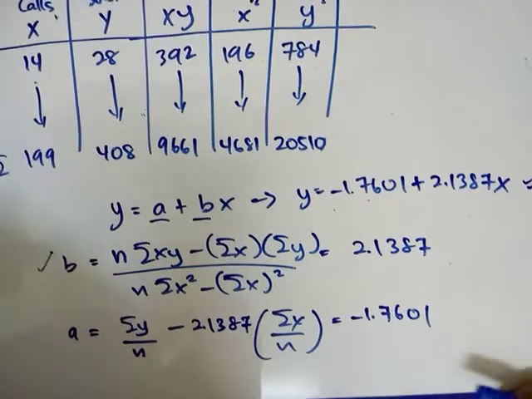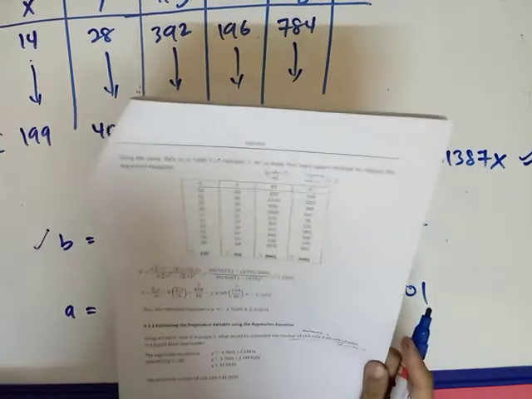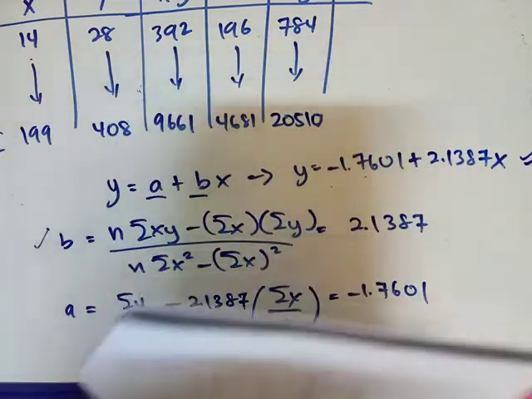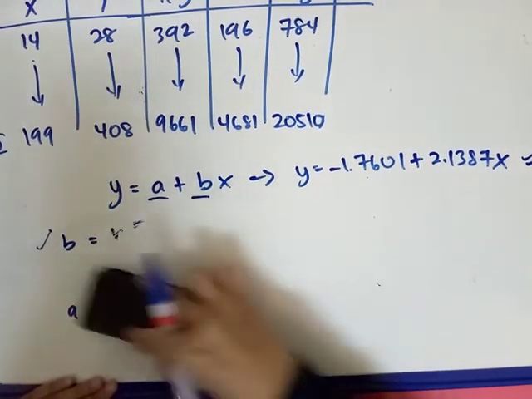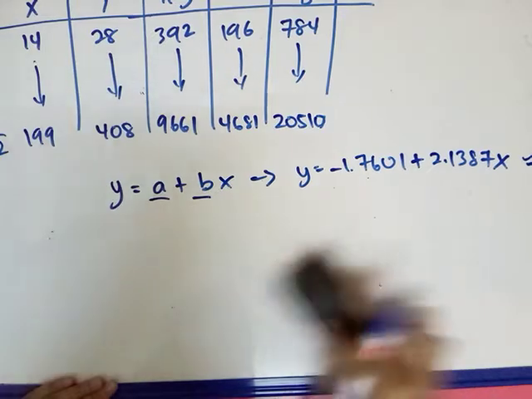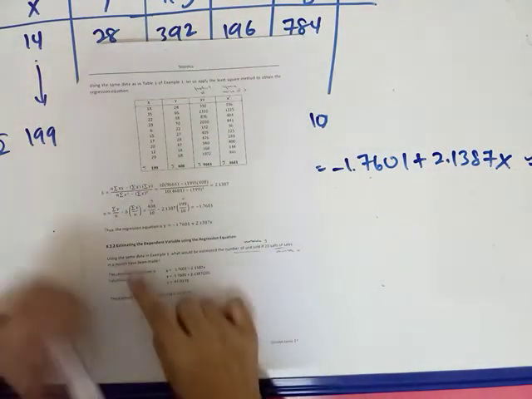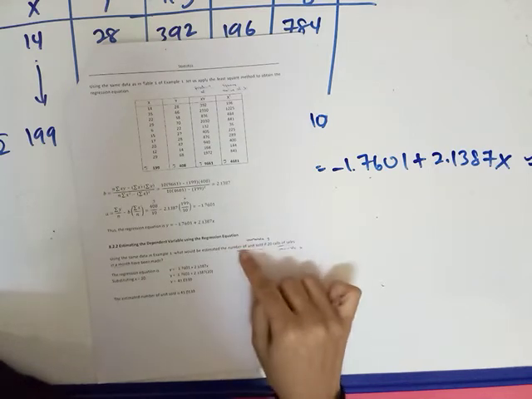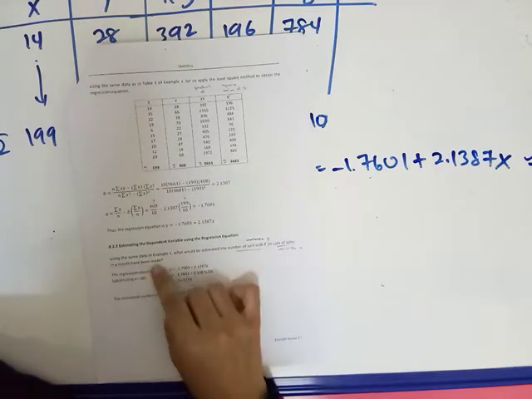Okay, you faham now? And then, look at the last topic, estimating the dependent variable using the regression equation. Kalau tengok pada last topic tu kat bawah tu, using the same data in example 1, what would be the estimated number of units sold if 20 calls of sale in a month have been made?